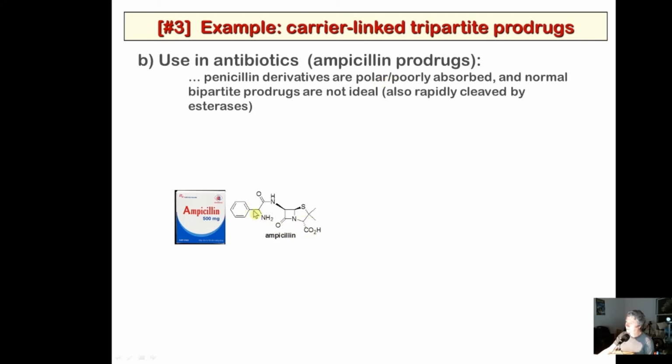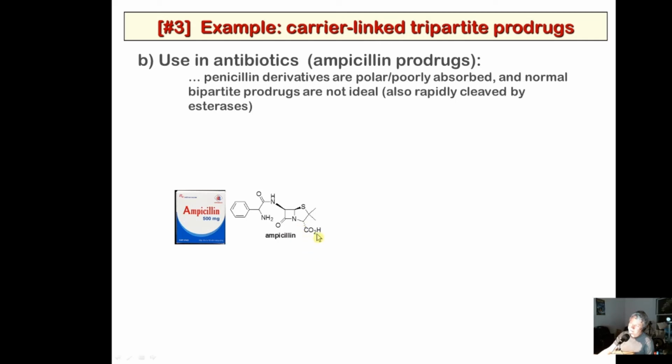It's almost like a weird amino acid type thing with an amine and a carboxylic acid. And if you attach a bipartite prodrug strategy maybe to the carboxylic acid, it usually gets cleaved rapidly, and so this is not necessarily a good bipartite prodrug.